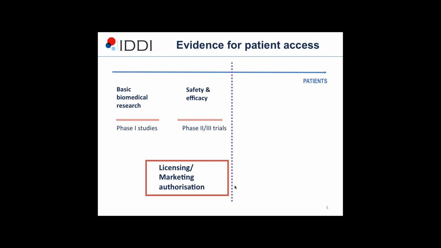And of course you'll be very familiar with this concept that on the left of the slide we undertake particular trials that particularly focus on certain types of evidence, particularly in the case of safety and efficacy. And of course, the key issue here is that this is evidence that we've needed to have over a number of years, particularly in the drug space, if we want to market and have our drug licensed.